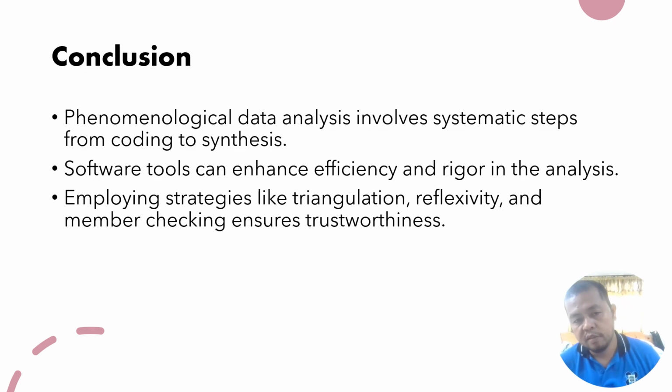But it depends on you how you will play with both. And then you employ strategies like triangulation, reflexivity, and member checking to ensure trustworthiness of your research. This is very important in qualitative research. Triangulation is very important, and reflexivity, so that there's no bias in that.